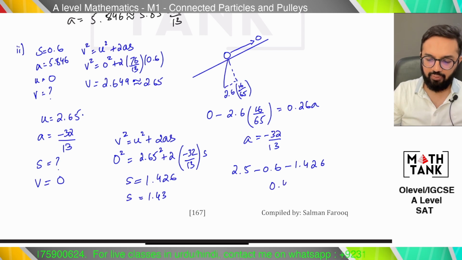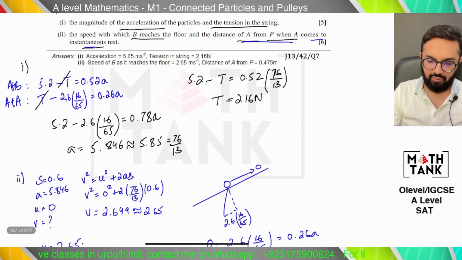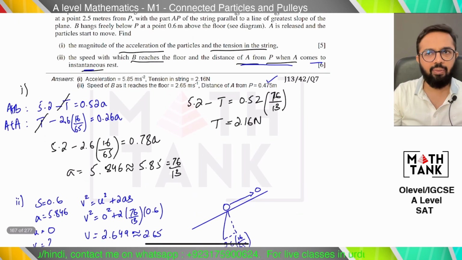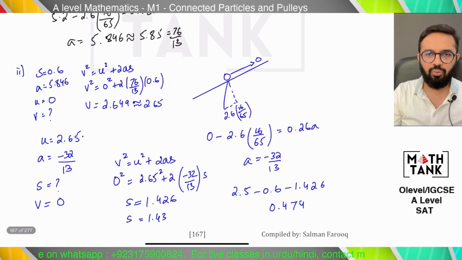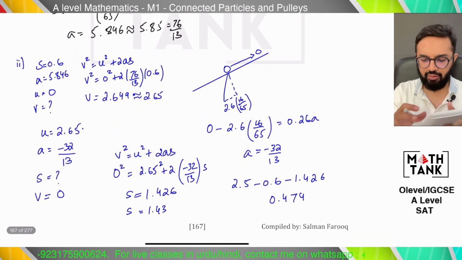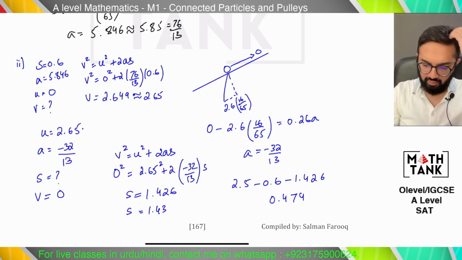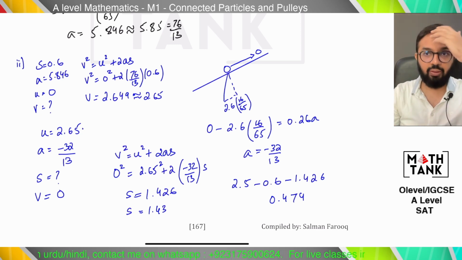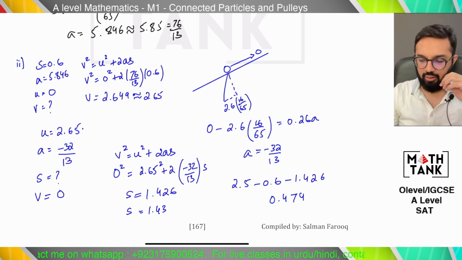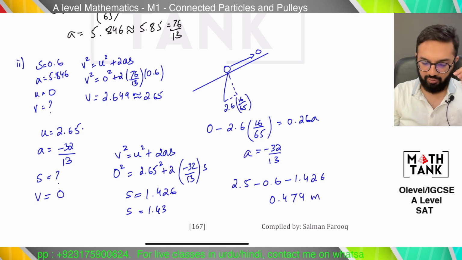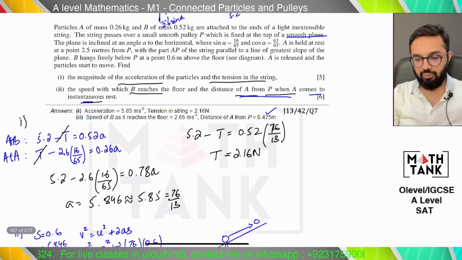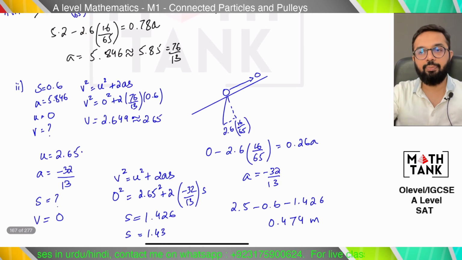I am getting 0.474. It says 0.475. Maybe there's a rounding off issue. I think that is not something that we should be focused on right now, and this is a reasonably fine answer. Okay, so 0.474 meters. That was a long question for 11 marks.